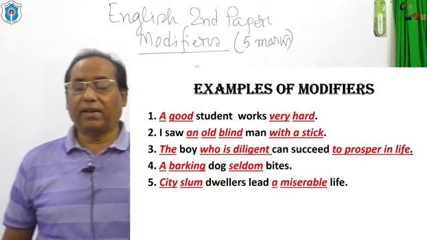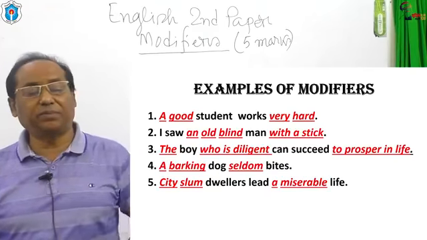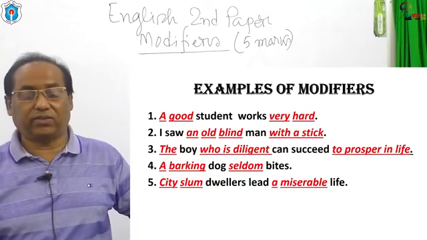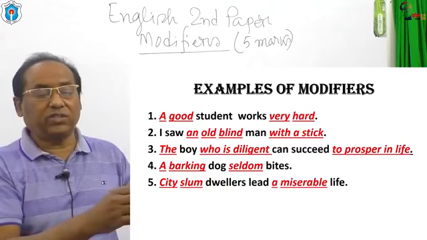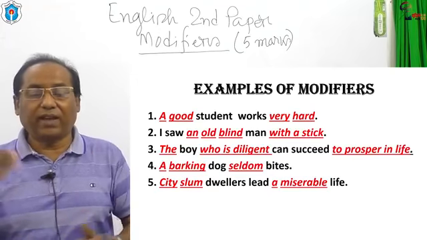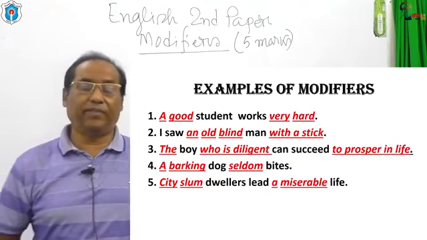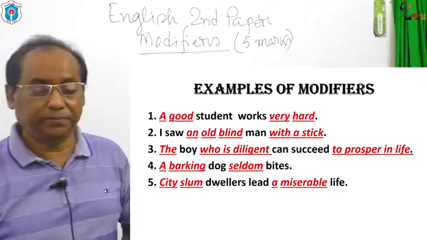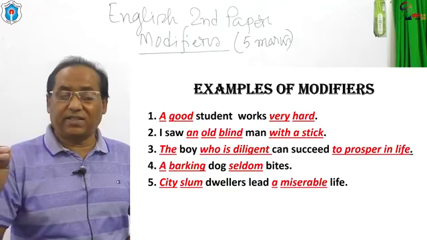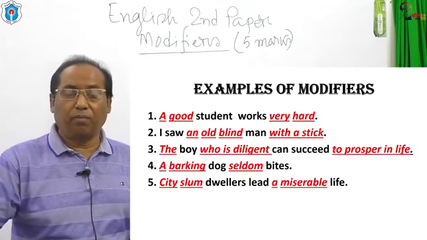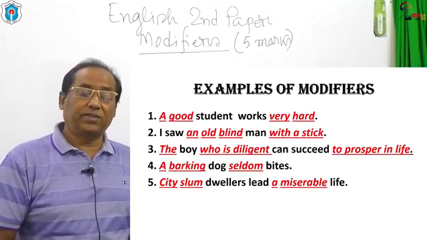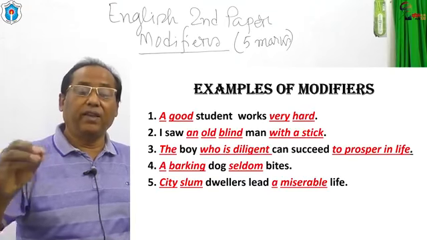Good is an adjective. So, in the first example, we find that adjective and adverb belong to the category of modifier. Okay? My dear student, what does an adjective modify? An adjective modifies mainly a noun.